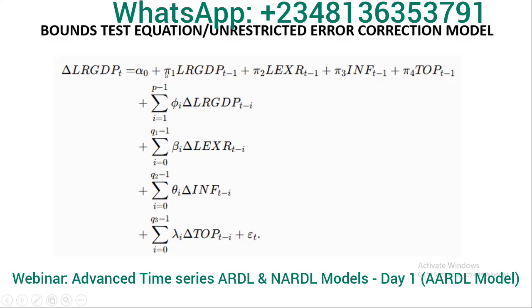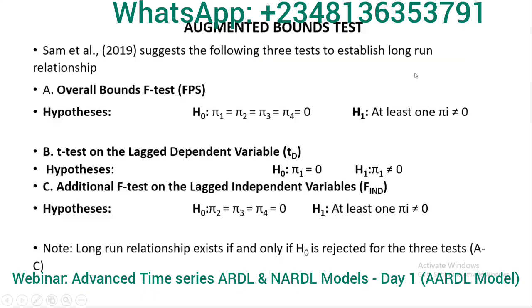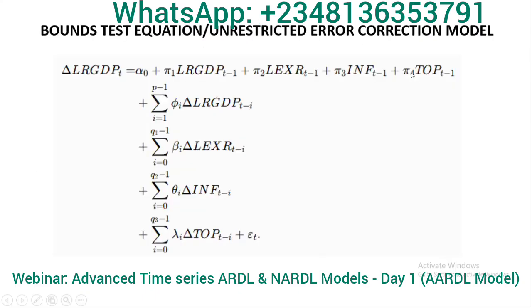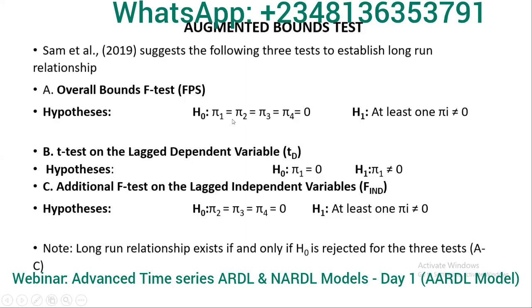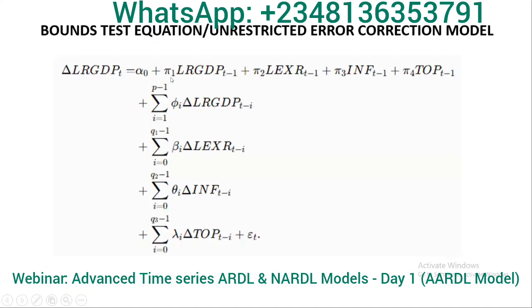So we are going to carry out the F-test on these four coefficients, pi1, pi2, pi3, and pi4, to see whether they are simultaneously equal to 0. And the second test, like I said, as in the traditional ARDL model, is the t-test on this pi1, that is the coefficient of the lagged dependent variable.